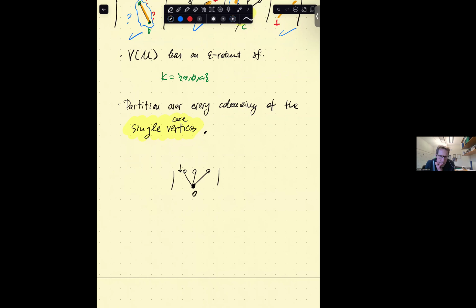When we condition on this color being 0, we're going to sample every color in the block with its color flipped.